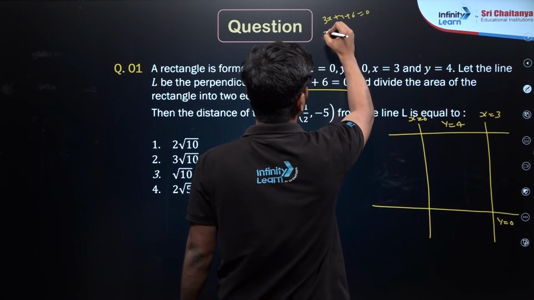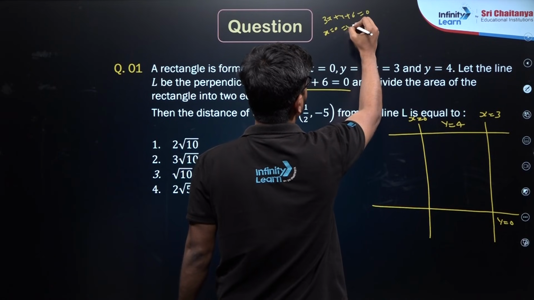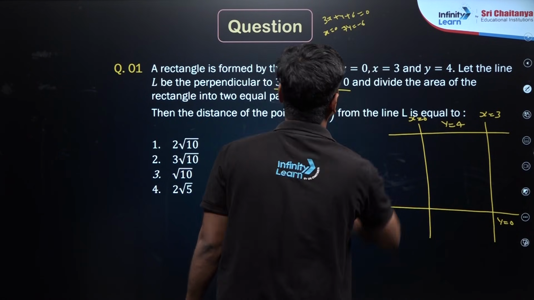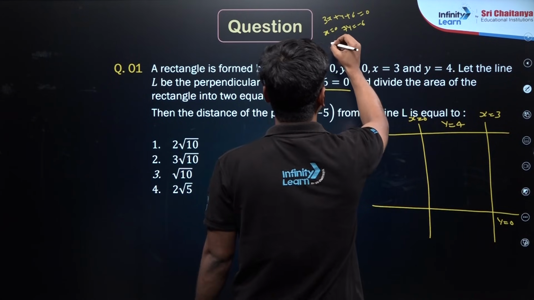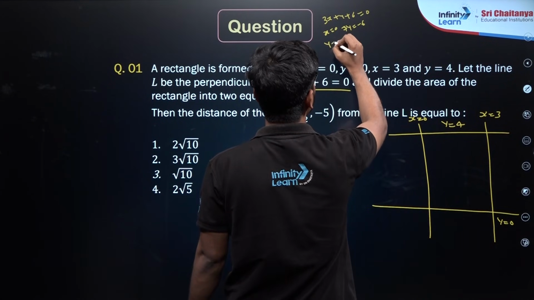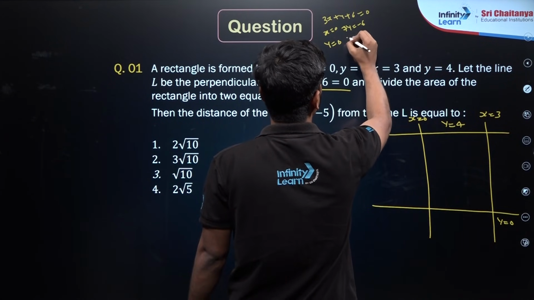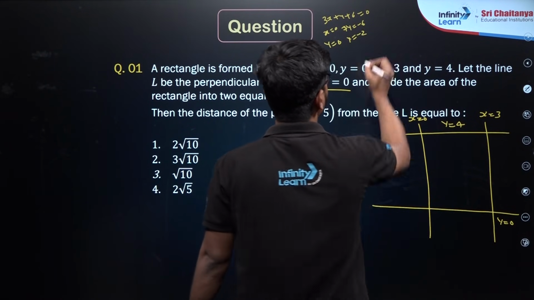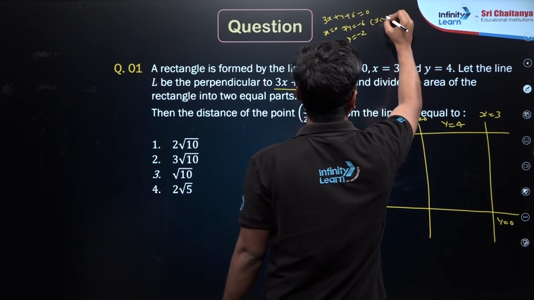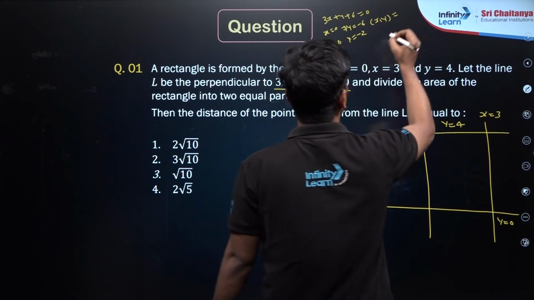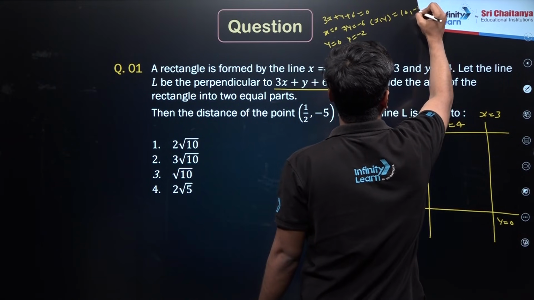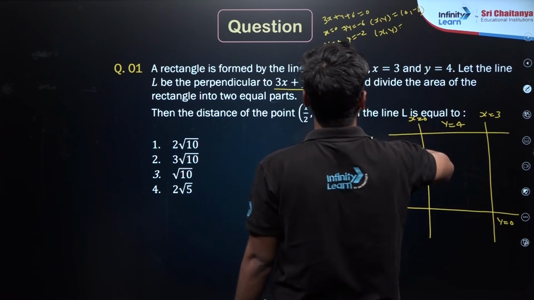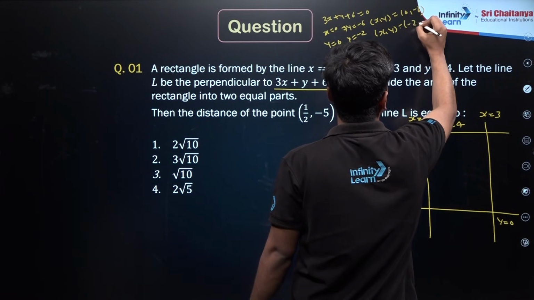When you put x equals 0, we are going to get y as minus 6, and when I put y equals 0, we are going to get x as minus 2. So the coordinates x comma y are going to be 0 comma minus 6, and from here I am going to get the coordinate as minus 2 comma 0.